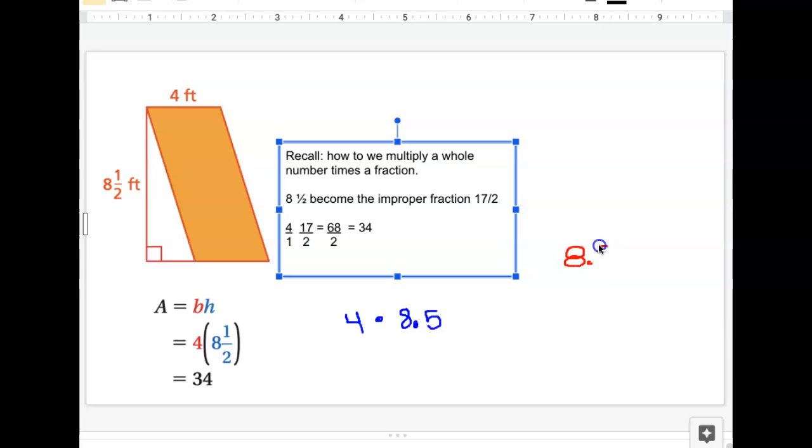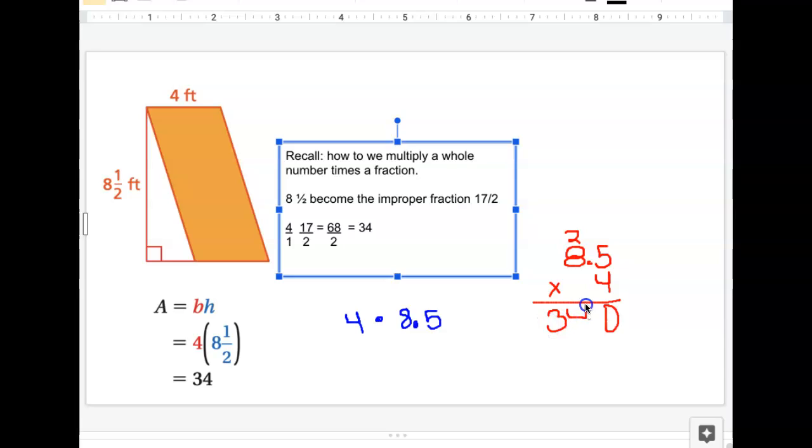When we multiply decimals, we are going to be mindful of the decimal place. We line this up like regular multiplication. 4 times 5 is 20, carrying the 2. 4 times 8 is 32, plus 2 is 34.